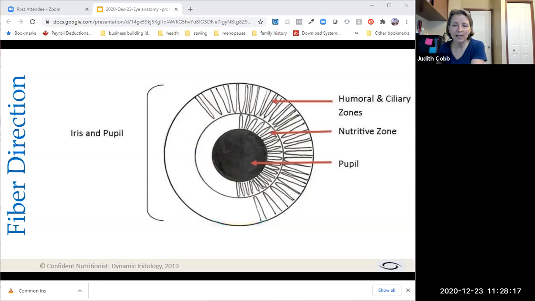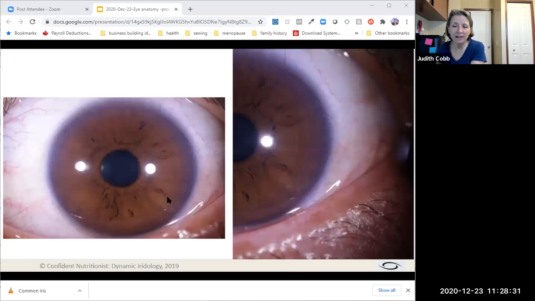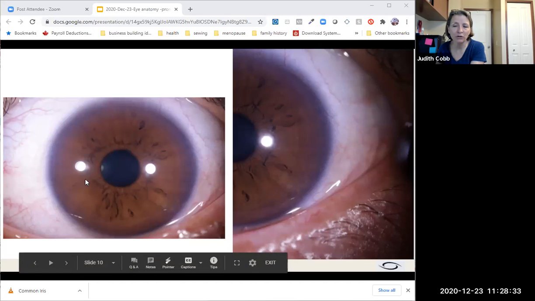We don't look at an eye and say, oh, you've got this problem and this problem and this problem, because we don't know that. These are all things that have been passed down through the last several generations.